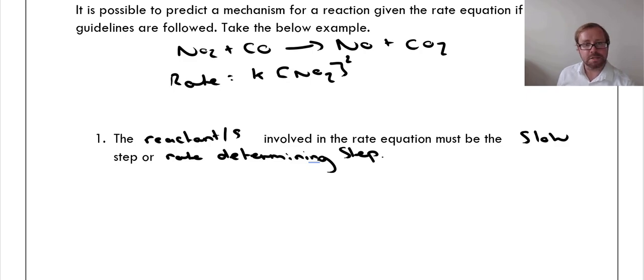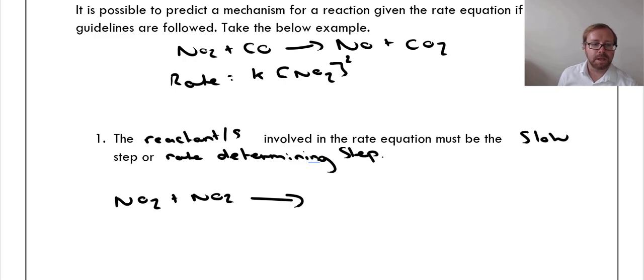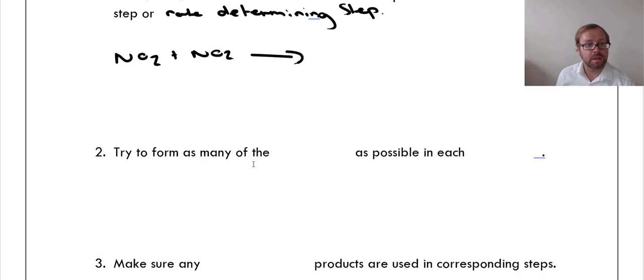So that means I must have in my rate equation my slow step, 2 molecules of NO2 reacting together. So I'll start with this, my 2 molecules of NO2 reacting together, and I'm doing that because the reactants appear in the rate equation. Okay, and it's squared, so I know that there's 2 of them.